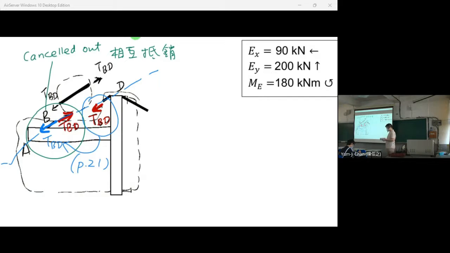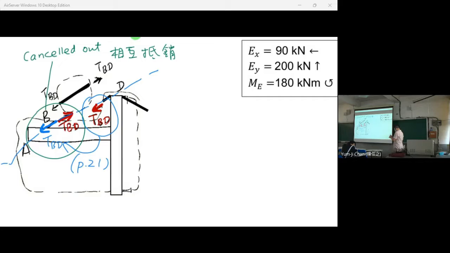So from the beginning you can set the free body to be here or to be the whole structure. The result should be the same. Okay.